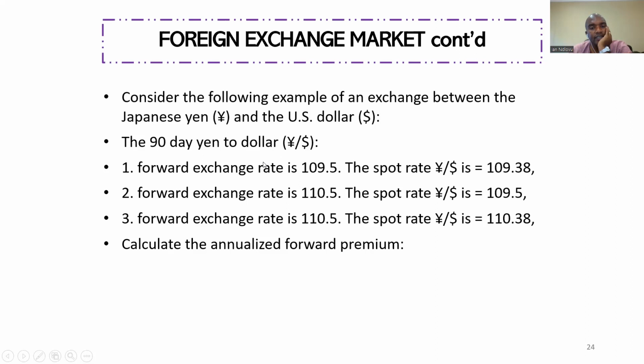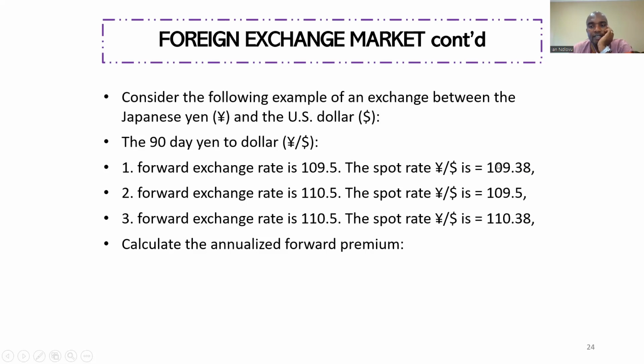The forward rate of 109.5 to the USD, it's a 90-day yen to dollar forward rate. The same applies to scenario number 2, where the forward rate is 110.5 and also 110.5 for the third scenario. But the spot rates, they differ, as you can see.